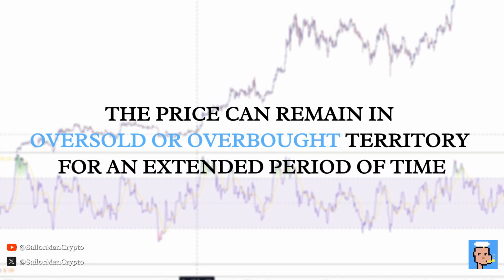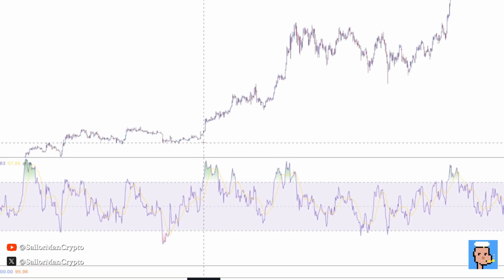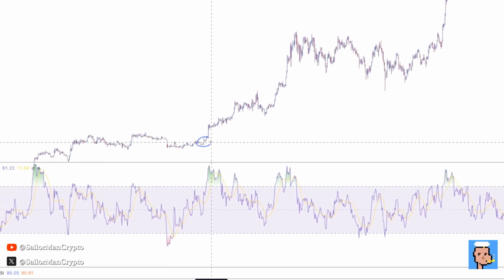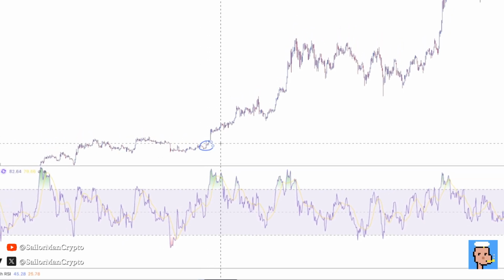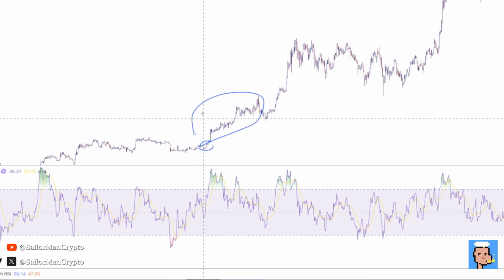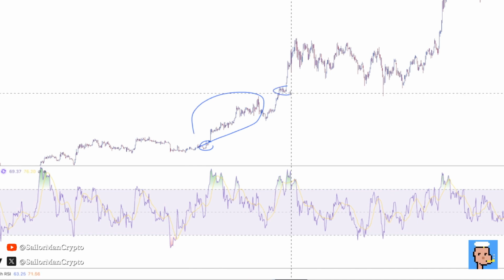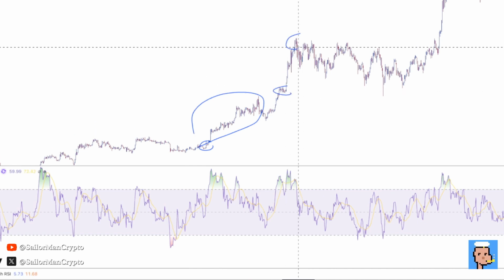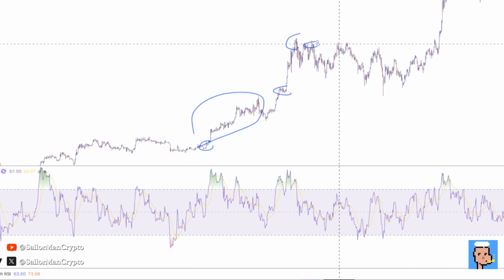To give you a simple example, price started to be overbought down here, and it was in overbought territory all this move up here, and it went back again in overbought here, it went again back in overbought up here and up here.